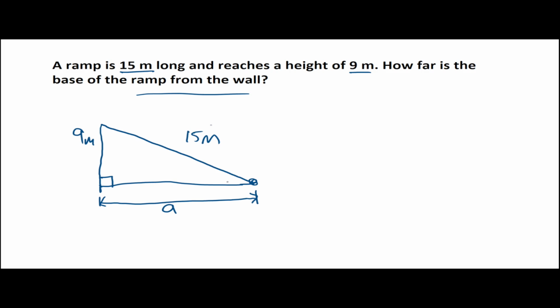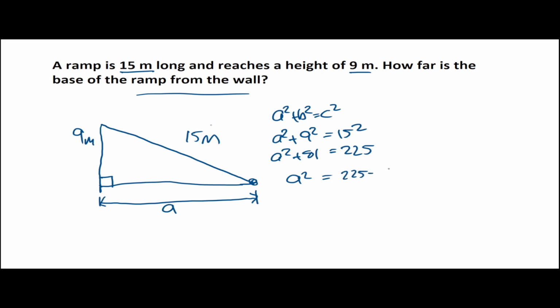A squared plus b squared equals c squared. Our man Pythagoras comes back to help us. So a squared plus 9 squared equals 15 squared. So a squared plus 81 equals 225. A squared is going to be equal to 225 minus 81.